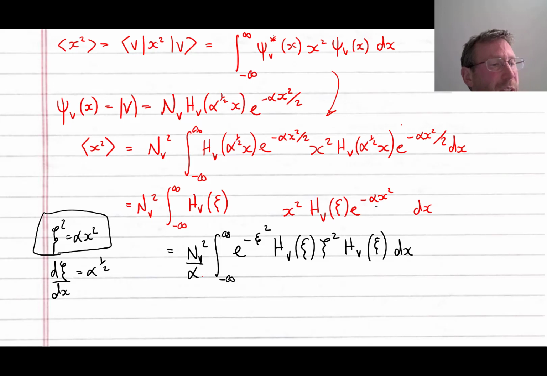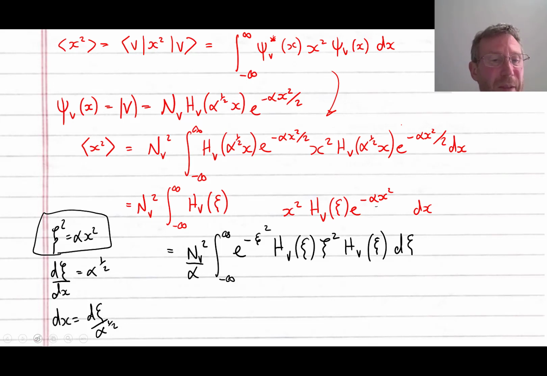So that simplifies things again. And the next thing we need to do is replace the dx. Remember, dx is equal to d xi over alpha to the half. So in fact, what we're going to do is replace the dx in here with the d xi, and that means we need an alpha to the half.